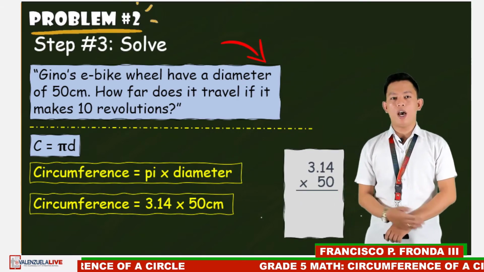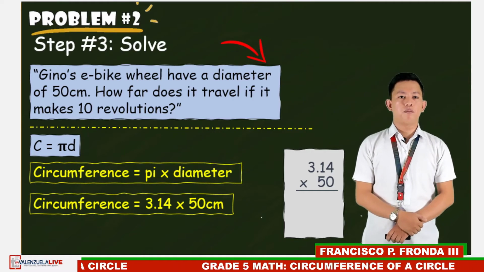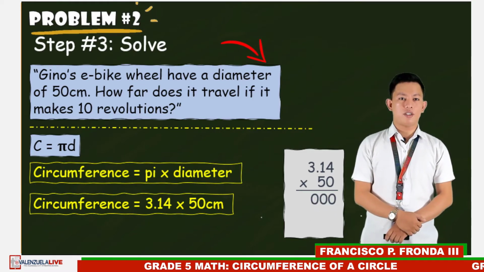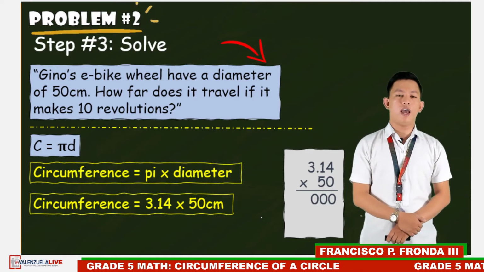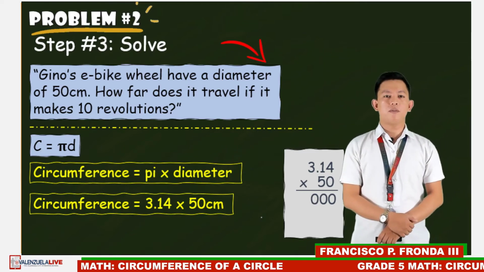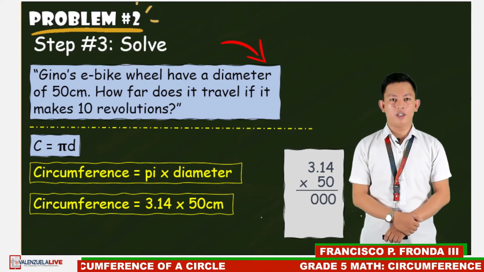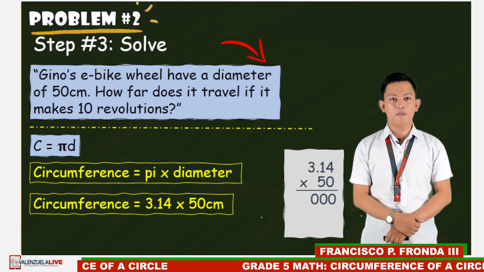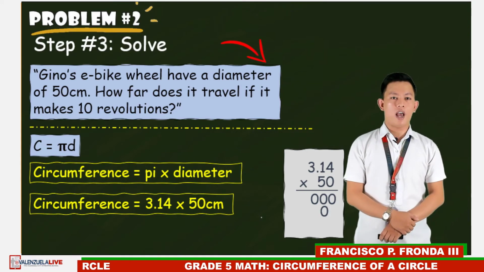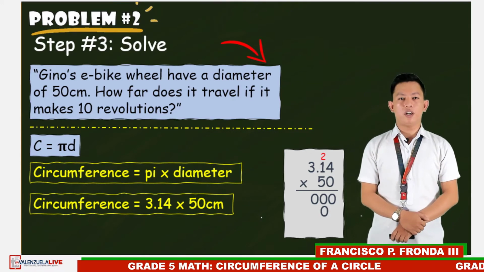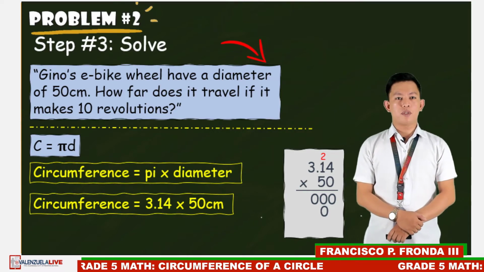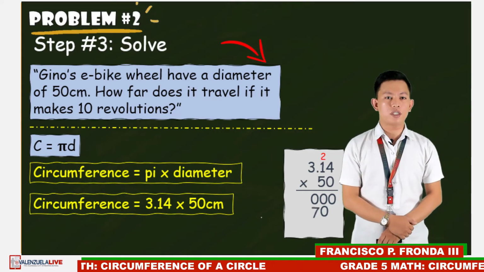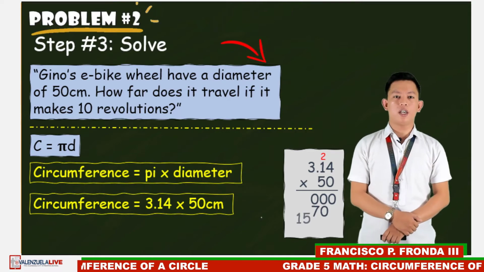3.14 multiplied by 50. 0 times 4, the answer is 0. 0 times 1, the answer is 0. And then 0 times 3, the answer is 0. Then now, let's multiply 5. 5 times 4, the answer is 20. Regroup 2. 5 times 1, the answer is 5 plus 2 is 7. Then 5 times 3, the answer is 15.